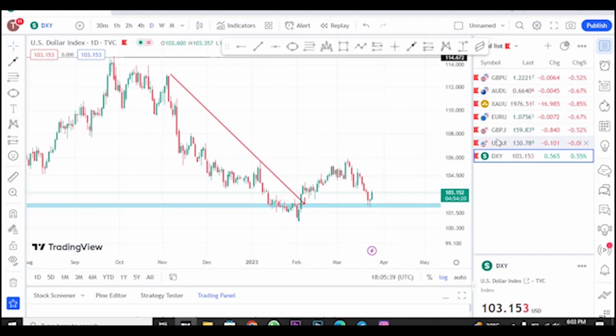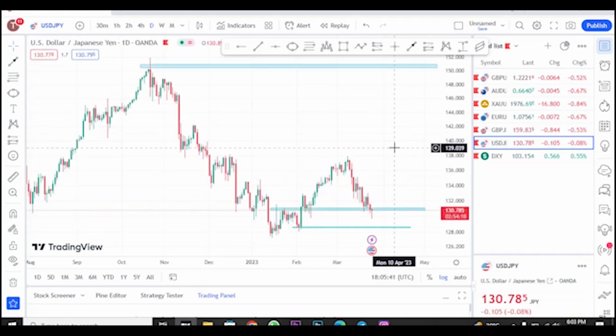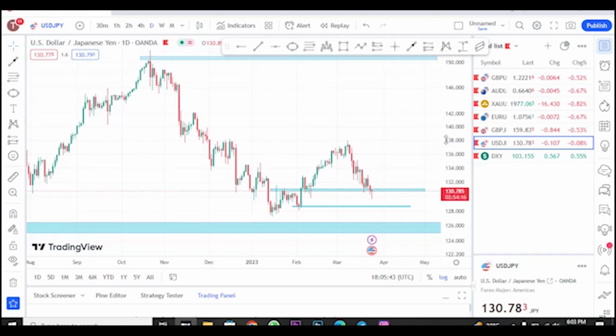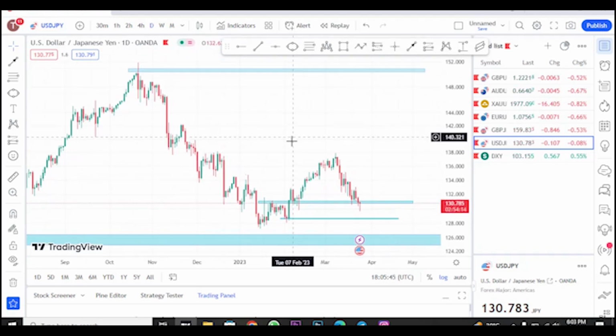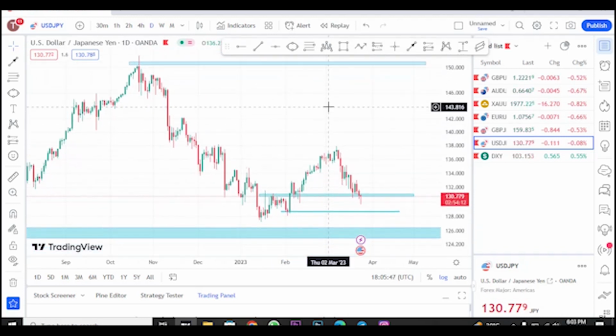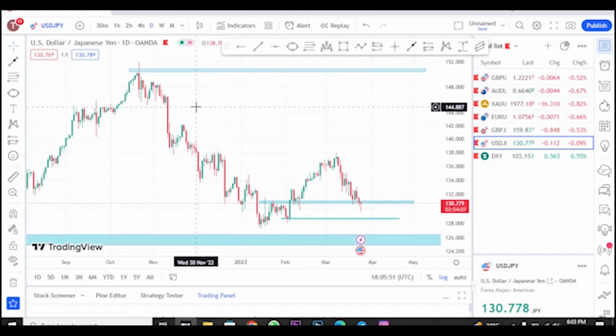Let's use USD JPY for example. As you can see here, the USD is the base currency and the JPY is the quote currency.